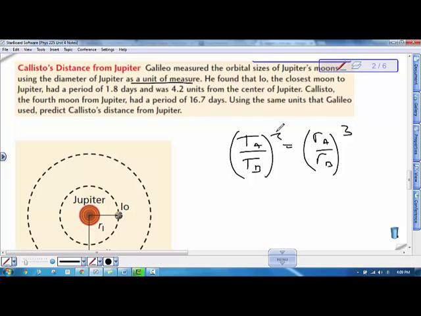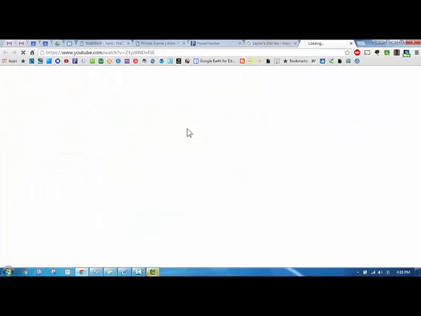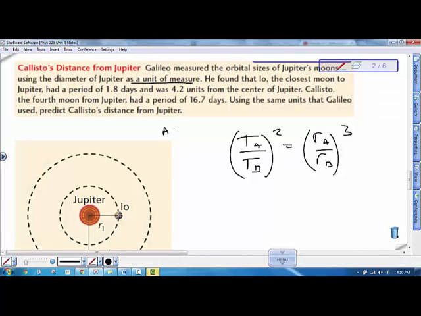We're going to use this based on the given information. It doesn't matter what units we use as long as we stay consistent, because these are ratios and the units are going to cancel. Io has a period of 1.8 days, so we're going to call Io object A, and object B we'll call Callisto, two of Jupiter's moons.